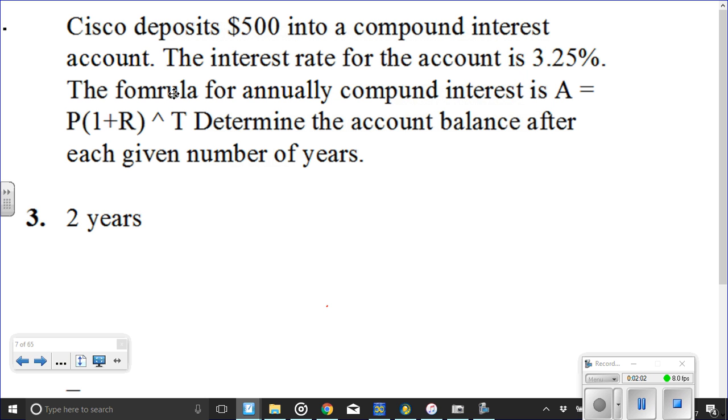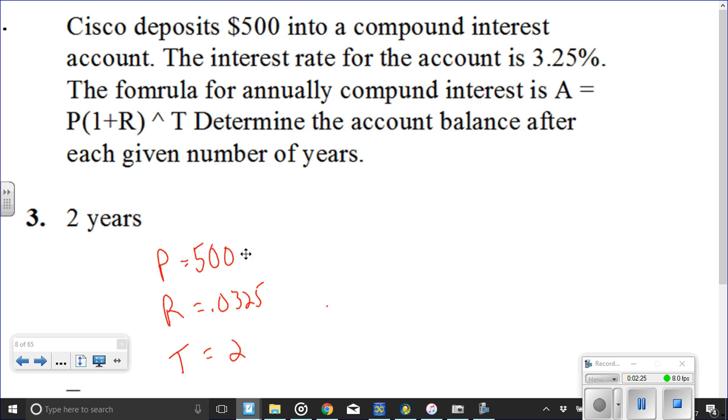So here we have $500 at 3.25%, but it's compound. So here you still need those three elements, the principal, the rate, and the time. But we're going to plug it in with a different formula here because we're going to raise it up to the amount of time that we are trying to calculate here. So I have three values here.